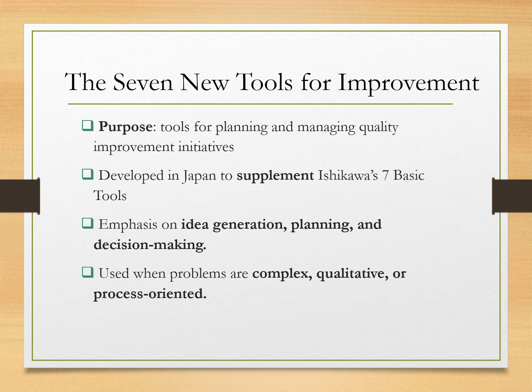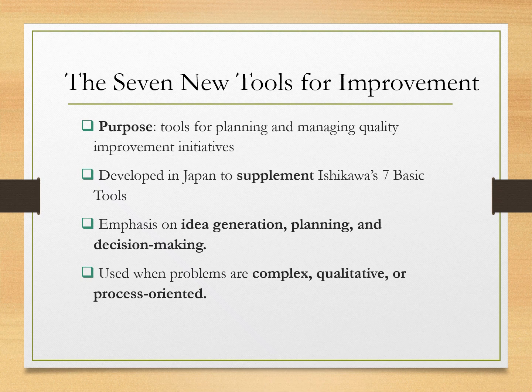But here's the thing, not every quality challenge can be solved with statistics alone. Sometimes we need to organize a mountain of ideas from a brainstorming session. Sometimes we need to plan a complex project or understand how different problems are connected. That's where these new tools come in.